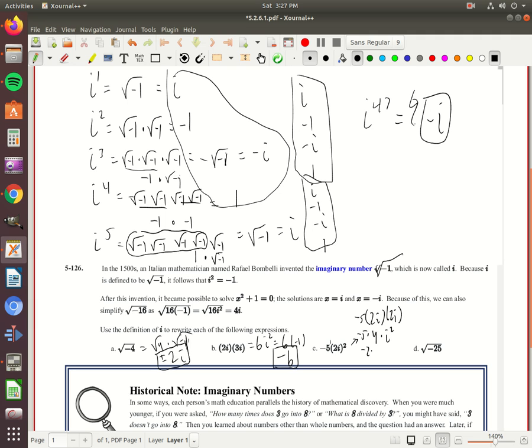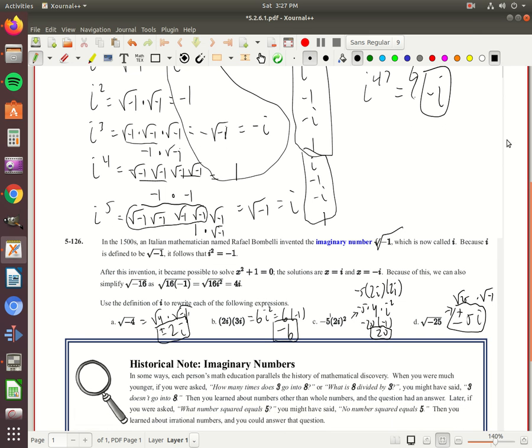So I'm going to get negative 20 times i squared is negative 1, so I'm going to get a positive 20. And then here, I know that the square root of negative 25 is going to be the square root of 25 times the square root of negative 1. That's going to be plus or minus 5, and that's going to be i. So again, just a few examples to sort of run through. Kind of crazy, kind of tricky. Not the worst thing in the world. You'll spend more time with this later. Let me pause and keep going.